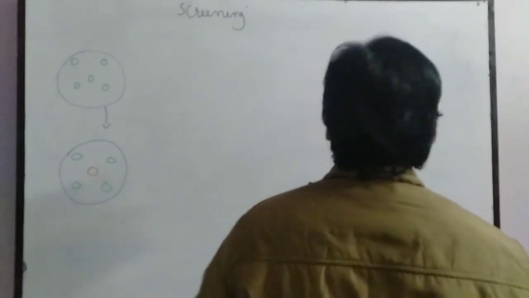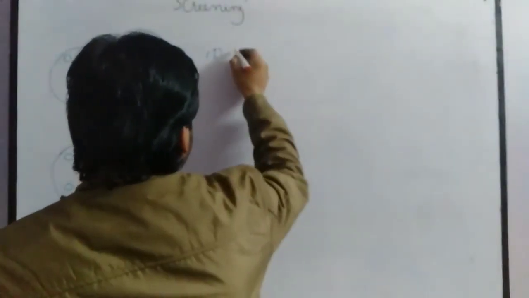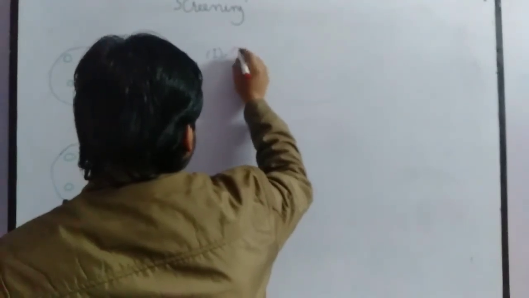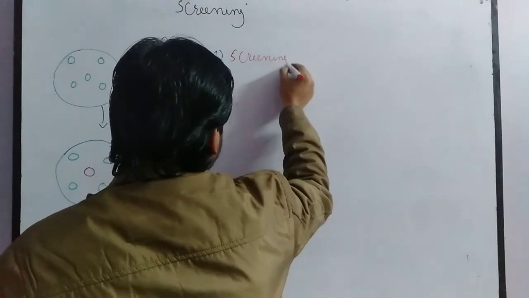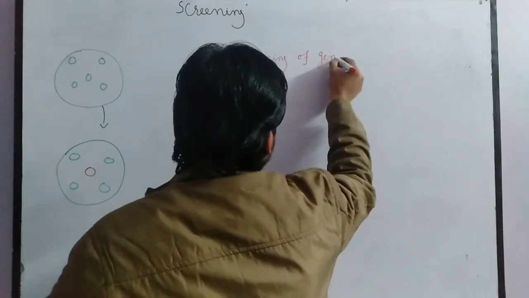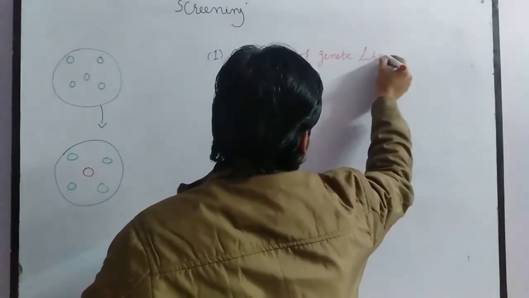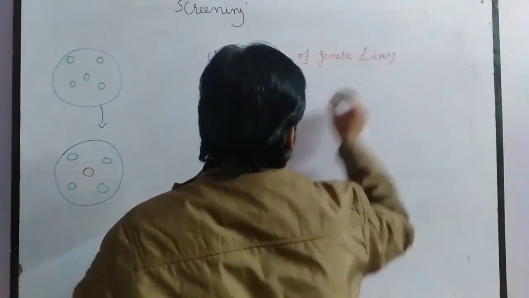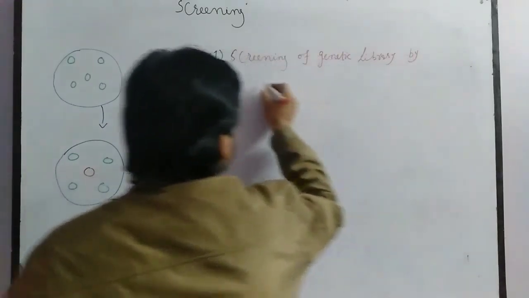So the first technique in screening, number one, is colony hybridization screening, meaning screening of a genetic library by colony hybridization.